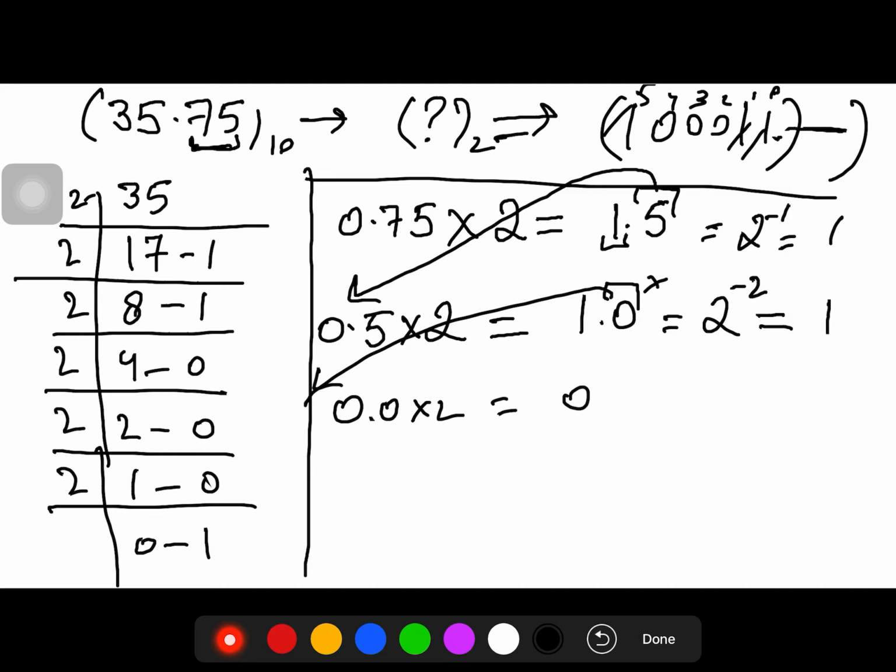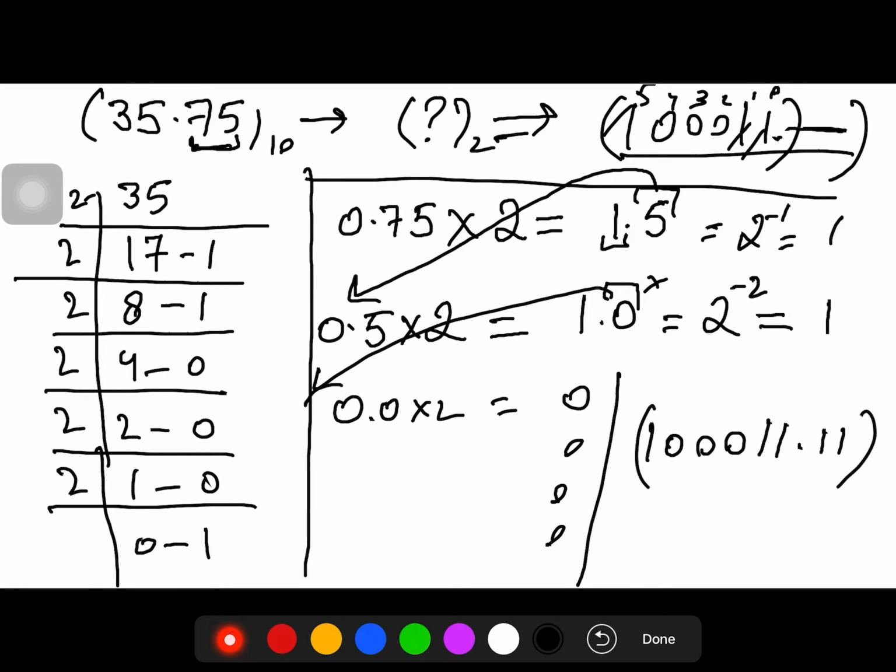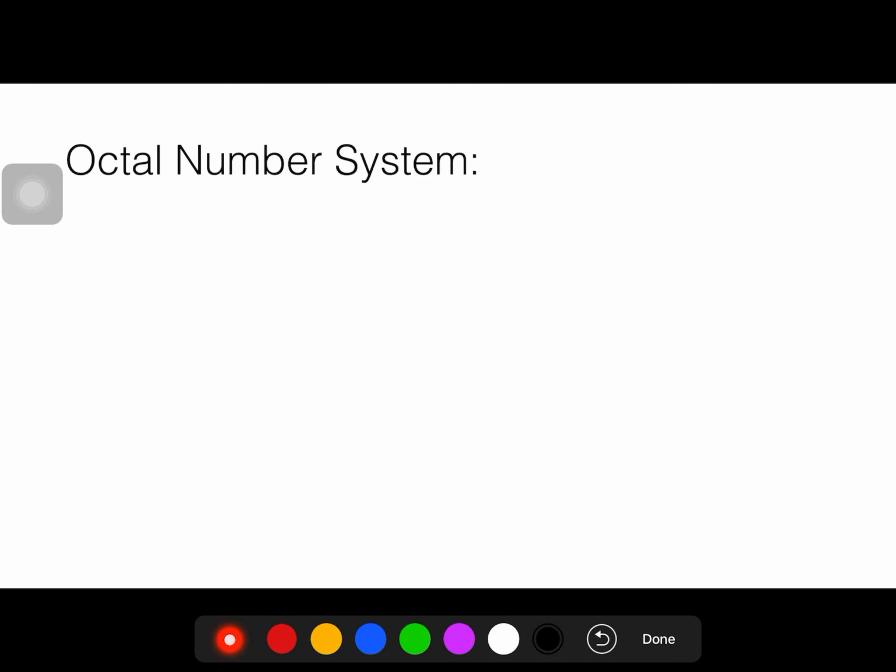As we multiply 0 by 2, we will get 0, and 0 will keep on appearing forever. Now the answer is 100011.11. This is the required answer for this number.